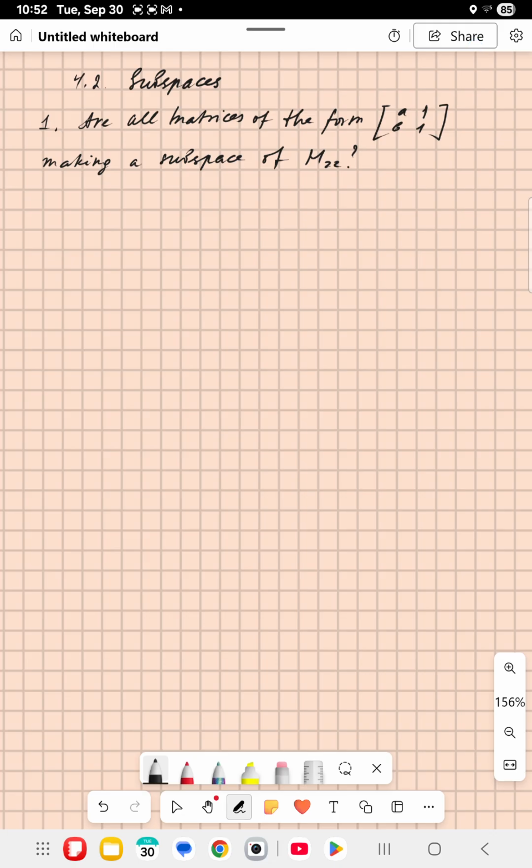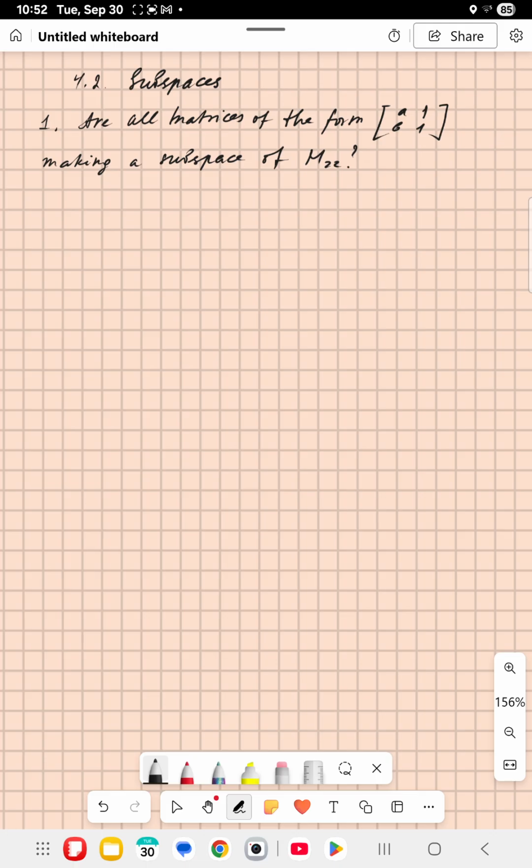So all 2 by 2 square matrices make a space. Now, some special matrices which have ones in the second column, are they making a subspace? If we set up all possible matrices of this type, are they going to make a space in their turn?